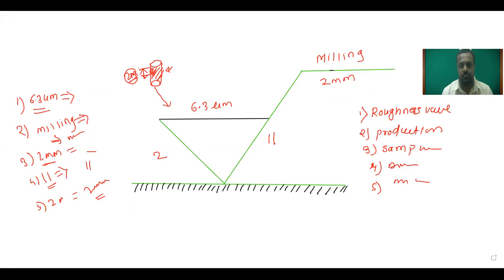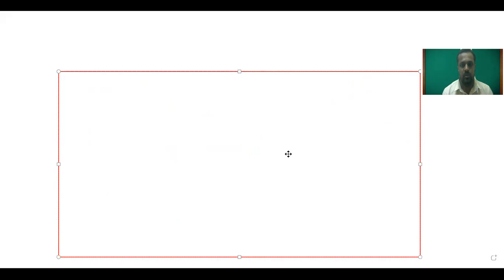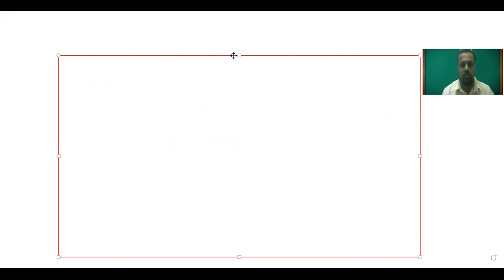First we will try to draw this, because this chart is very important.